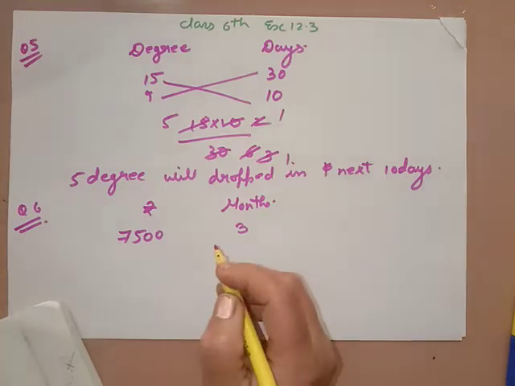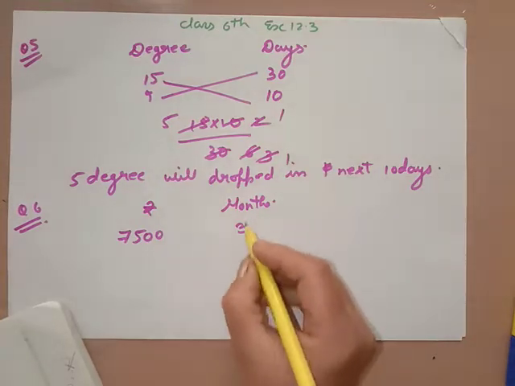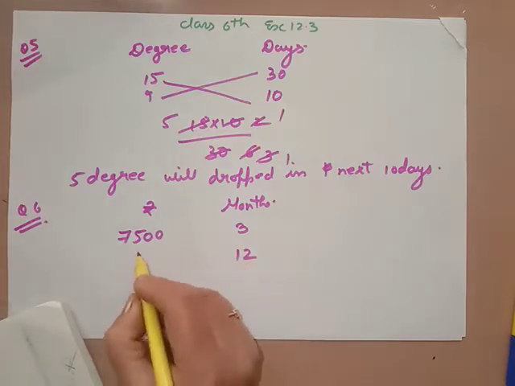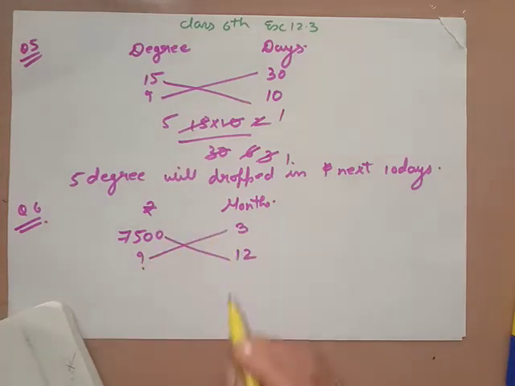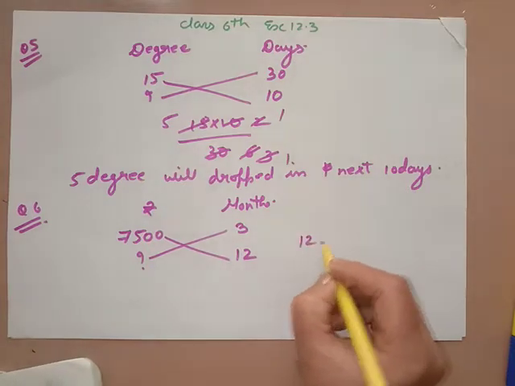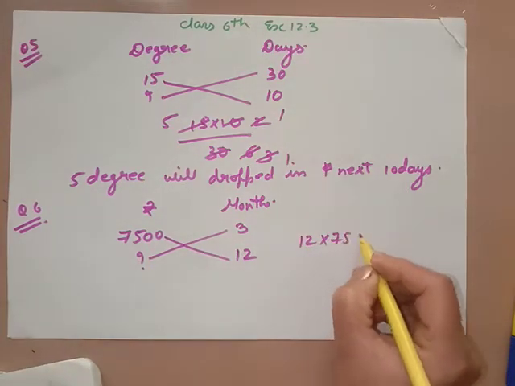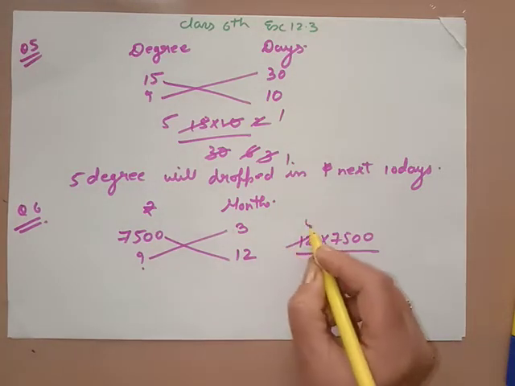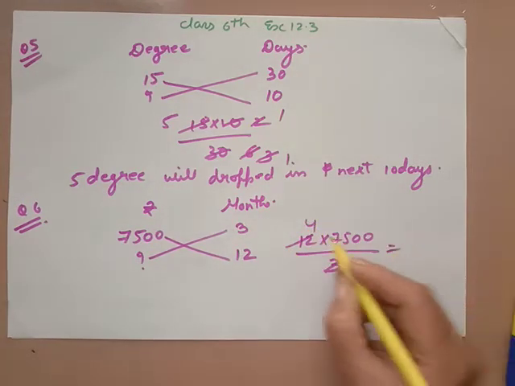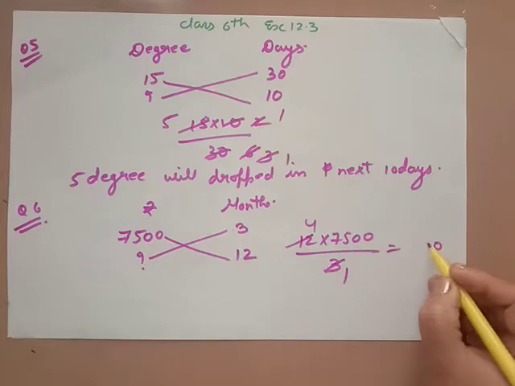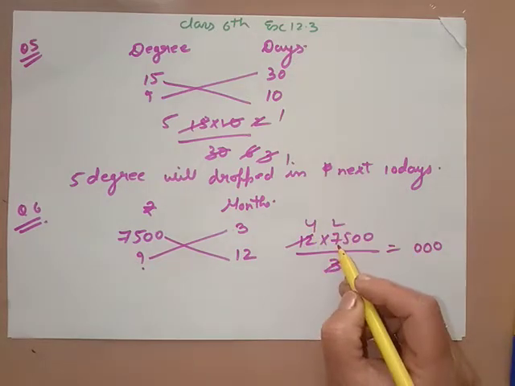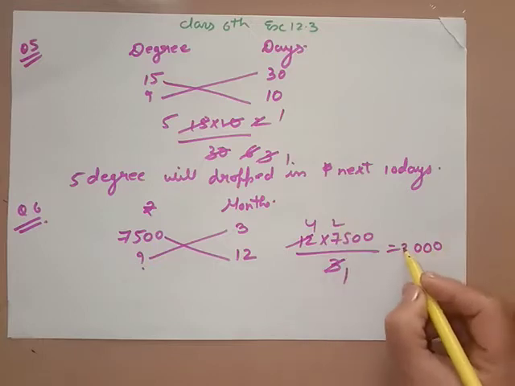So in a whole year, how many months are there? 12. So we have to find how much she has to pay. In this way, 12 multiply 7,500 divided by 3. 3 ones are 3, 4s are multiply, 4 zeros are 0, 4 5s are 20, 4 7s are 28, 29, 30.